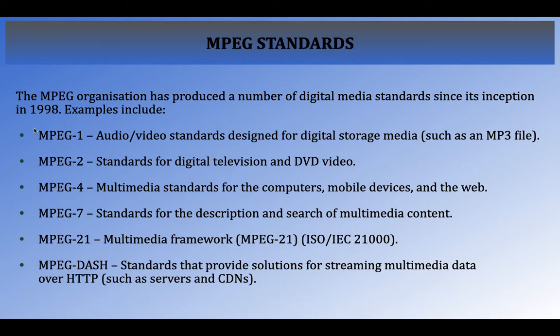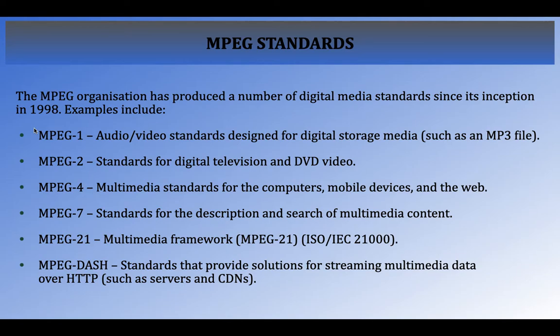MPEG standards. MPEG-1. This initial version is a lossy file format and is the first MPEG compression standard for audio and video. It is commonly limited to 1.5 Mbit/s, although the specification is capable of much higher bit rates. It is used in Video CD and can be used for low quality video on DVD-Video.